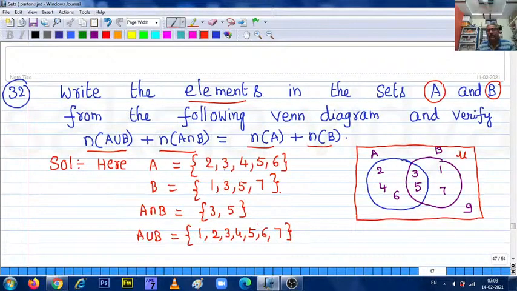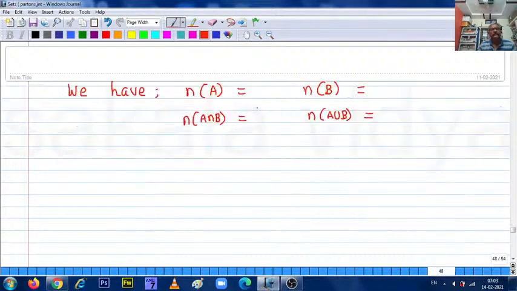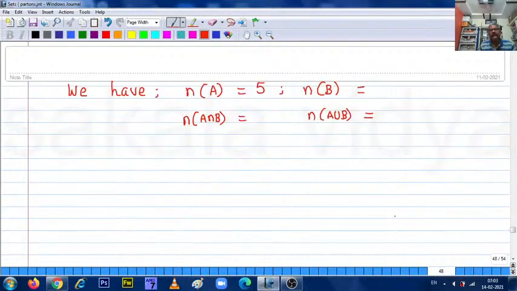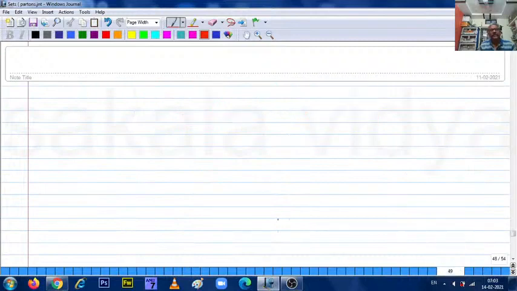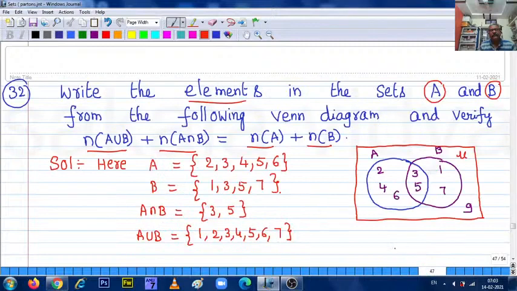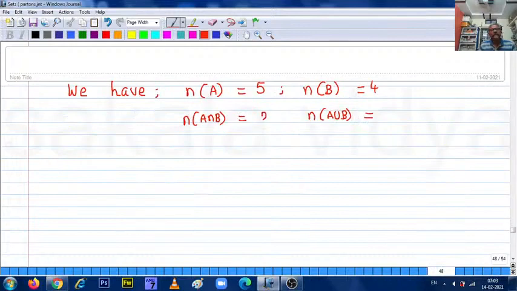N of A: how many elements are there? 1, 2, 3, 4, 5. 5 elements. So this is 5. Now n of B means how many elements? 1, 2, 3, 4. 4 elements are there. N of A intersection B means here 2 elements are there.